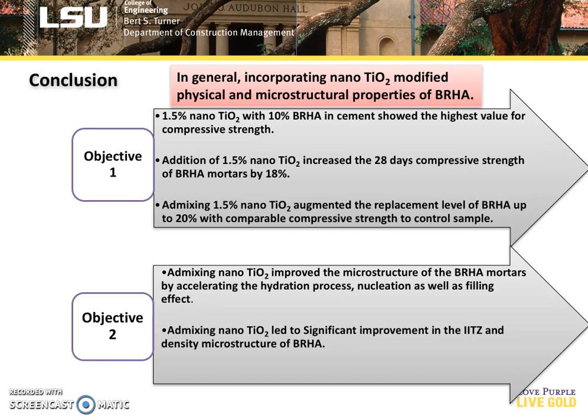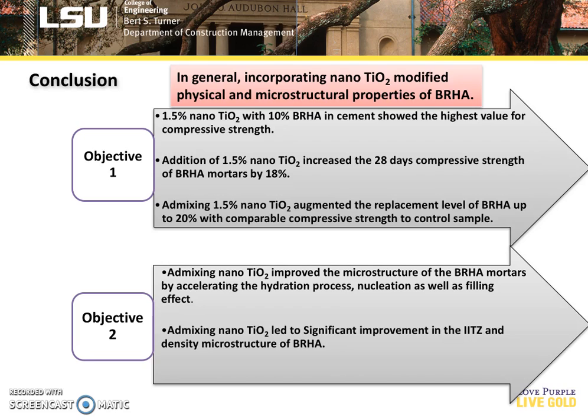Addition of 1.5% nanotitanium increased the replacement level of black rice husk ash up to 20% with comparable compressive strength to control sample, and the results indicate using nanotitanium enhanced the microstructure of black rice husk ash mortar by accelerating the hydration process, nucleation, as well as filling effect.